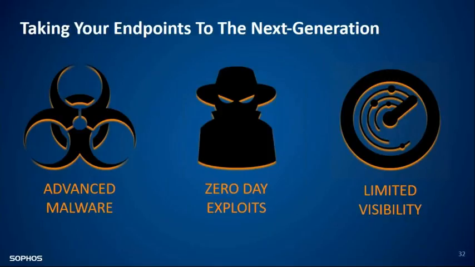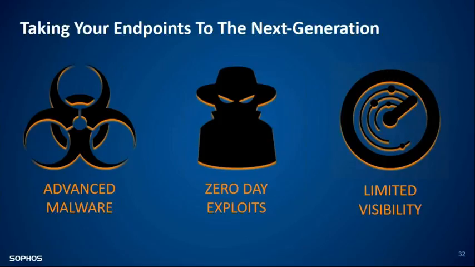And it takes your endpoints up to the next generation, giving you that advanced malware protection, so specifically addressing the problem of ransomware, protecting you against exploit attempts, whether they're zero-day or whether they're just trying to exploit unpatched vulnerabilities, and giving you the additional visibility that you probably don't have today of not just quarantining malware, but actually understanding exactly what the malware touched on the system, going back in automatically and undoing all of those changes, down to even registry settings and files that have been changed on the system as well.